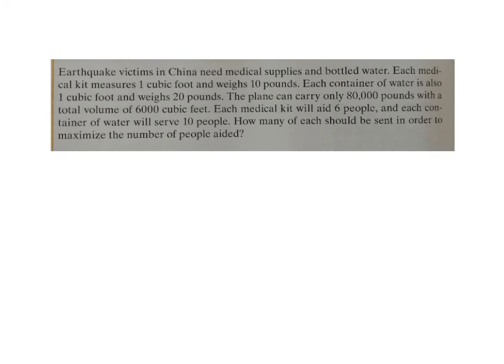Remember, there was one more piece of information that we have not considered, and that is that each medical kit will aid 6 people, and each container of water will serve 10 people. Now, we don't have a limit on this. We don't have a constraint on this. This is what is called our objective function.